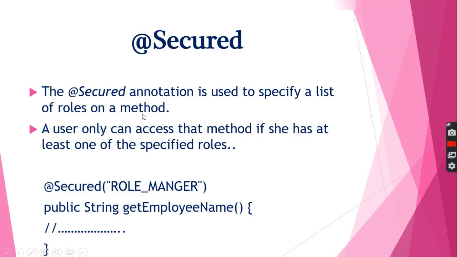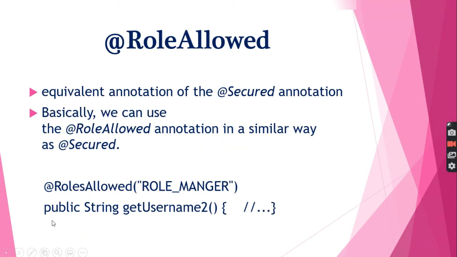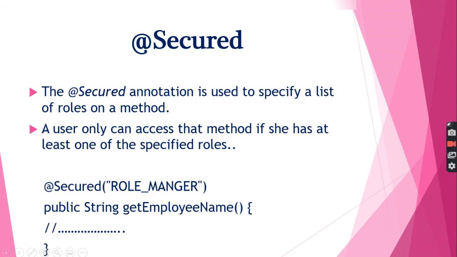In the Secured annotation, if you look at this example, you can see that on top of this method I have specified this annotation with this string. This string is actually your role. What it's saying, guys, is that this particular method can only be accessed by a user who has this specific role.